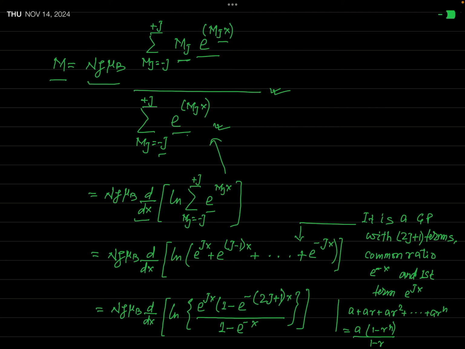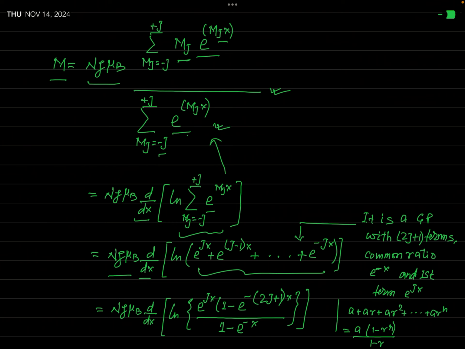Now expand this series. Since mj runs from minus j to plus j at a step of 1, this result can be written as n g mu b d dx log, and for this summation, for this series, you can write this.